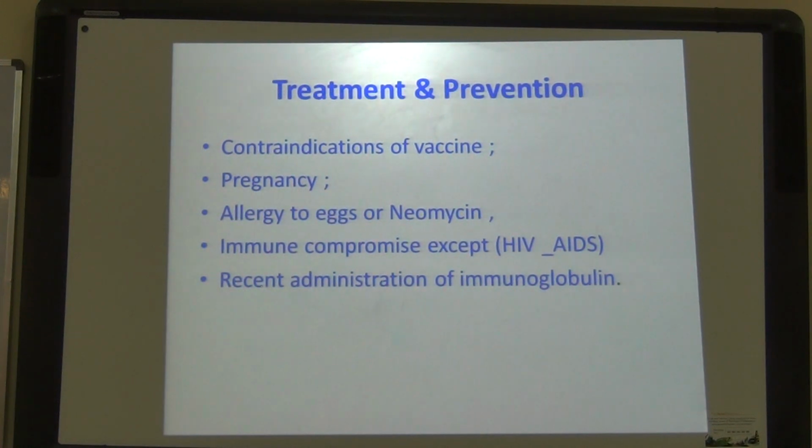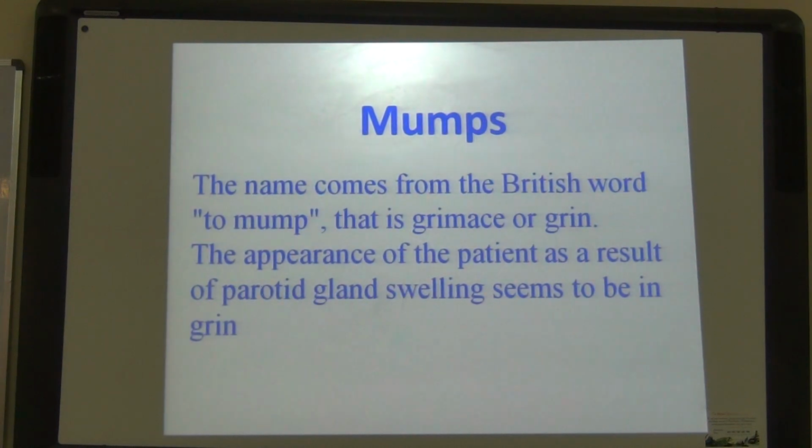In the early prodromal phase, immunoglobulin can also be given to the patient if the patient is malnourished or deficient. So this was all about measles virus.